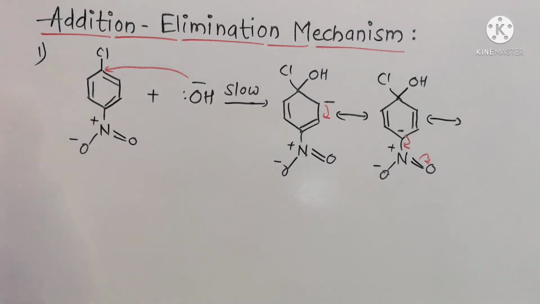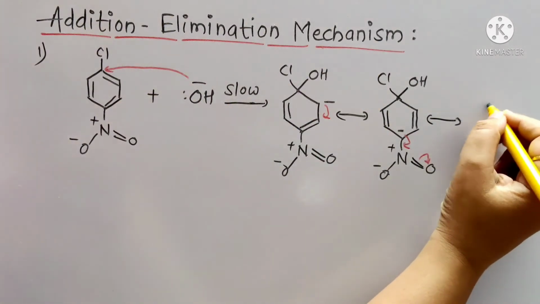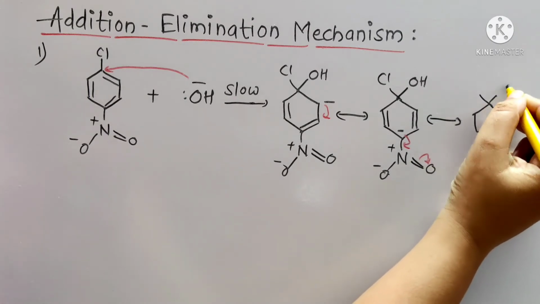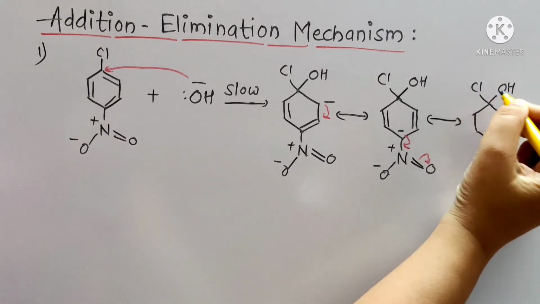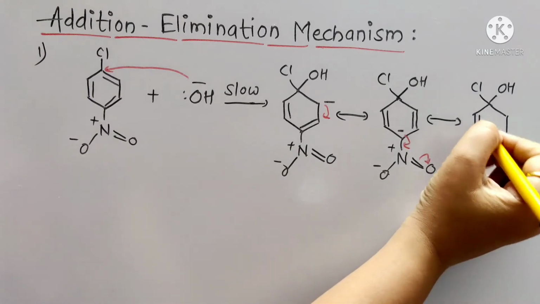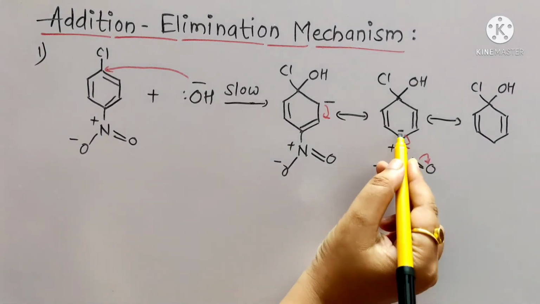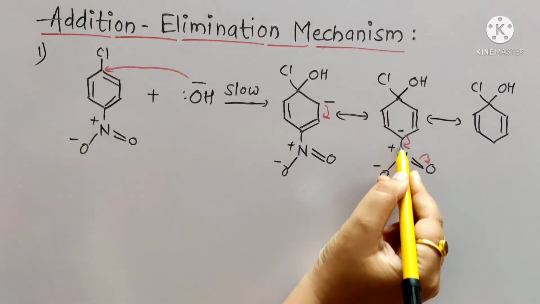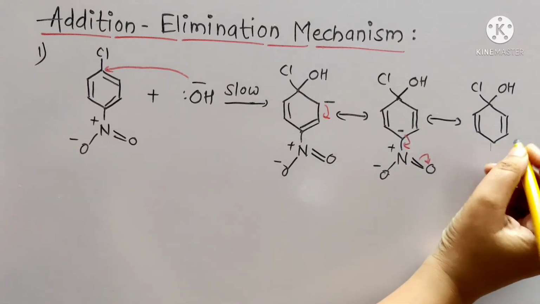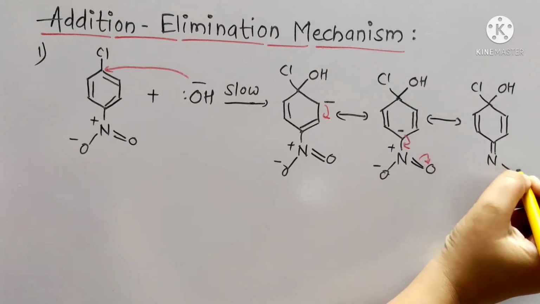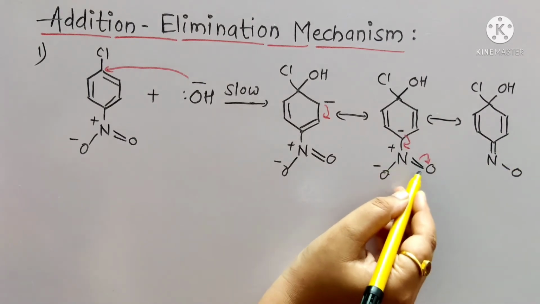Into the next resonating structure, see how it will be. In a similar way we will write this. The position of the double bond will remain the same. Now this electron density is shifted to this position, so a double bond will form here, and this double bond gets broken.